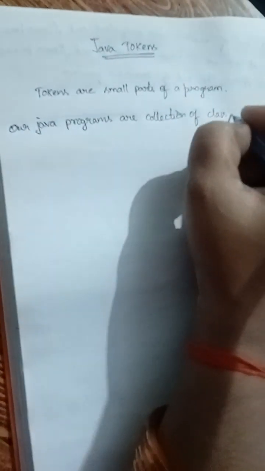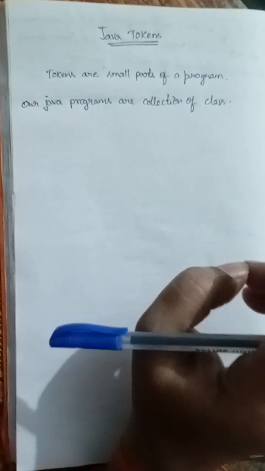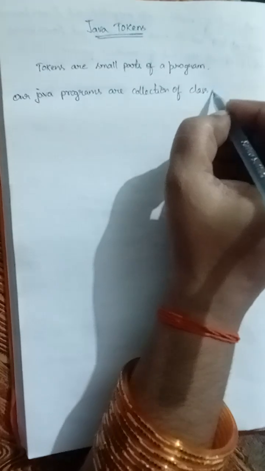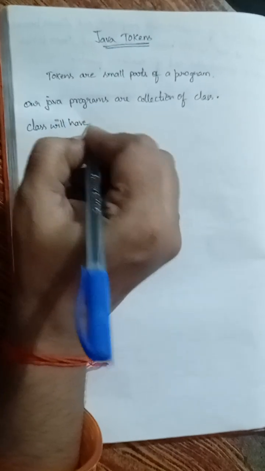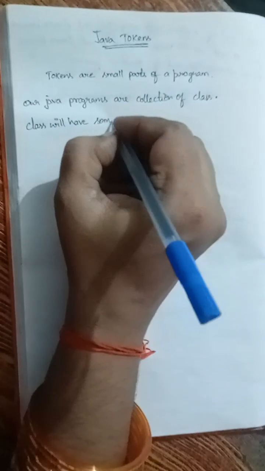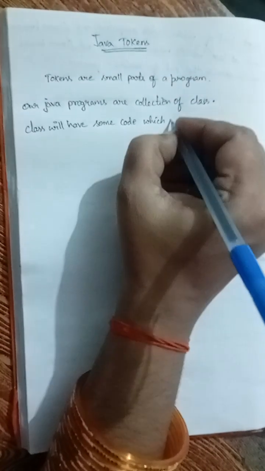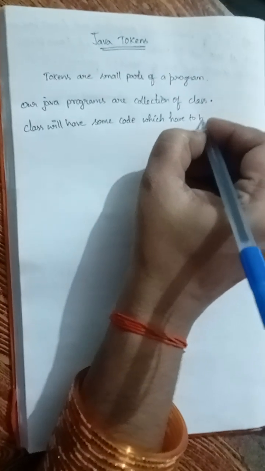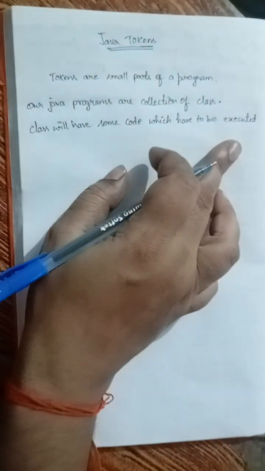We can write so many classes, but only one main must be there in any one class, which is the main class. In that we have to write the main function. These classes again will have some code which has to be executed.